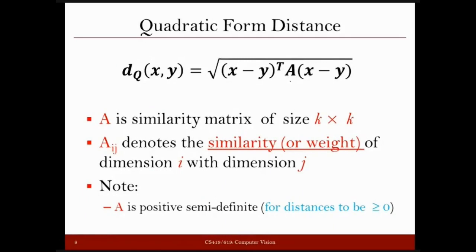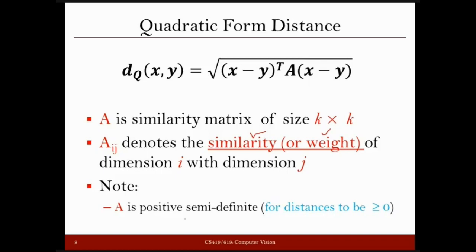So as I just said, this matrix A is going to be a K cross K matrix, and sometimes we call it a similarity matrix, or sometimes a weight matrix. Any value Aij that you see here represents the weight when you are associating feature I with feature J, or when you are associating dimension I of one feature vector to dimension J of the other feature vector.